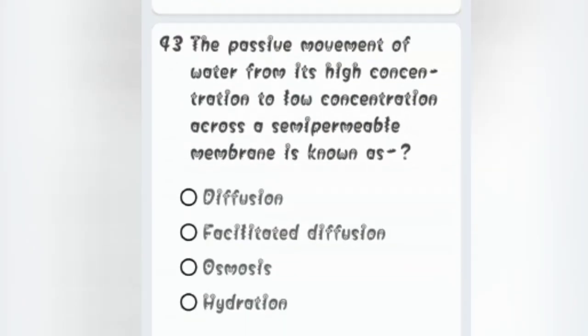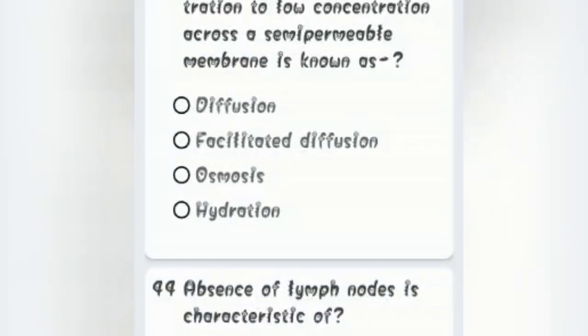Next question, question number 43. The passive movement of water from its high concentration to low concentration across a semi-permeable membrane is known as option A diffusion, option B facilitated diffusion, option C osmosis, and option D hydration. The answer will be option number C, that is osmosis.